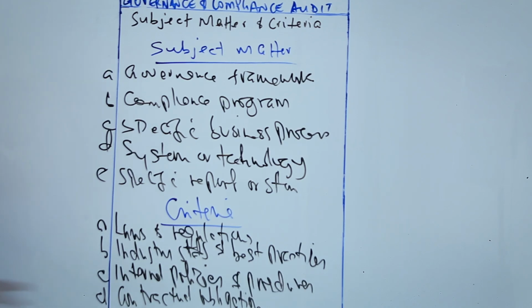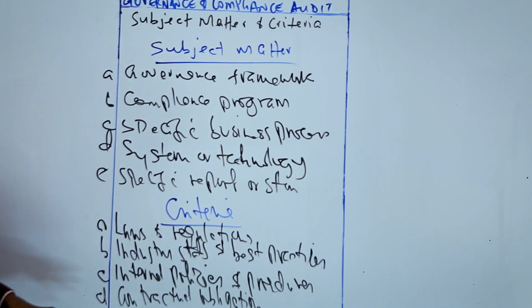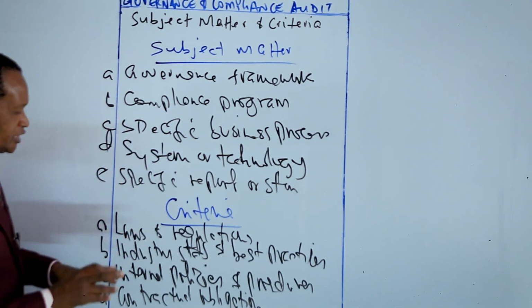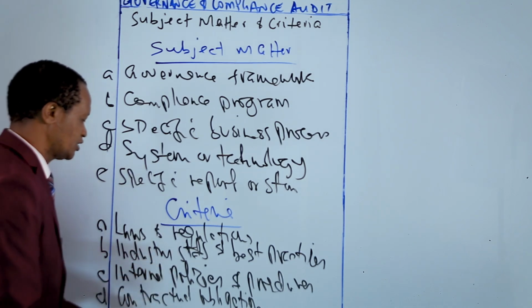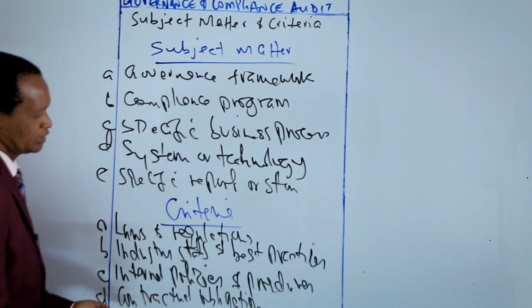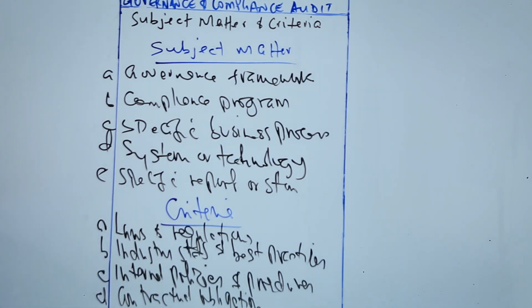When companies enter into contracts with the vendors or third parties, the auditors may come in to check if both parties are ensuring that the obligations under the contracts are being fulfilled.